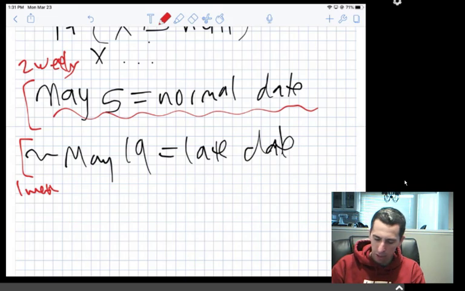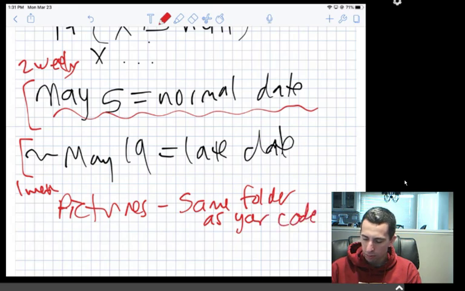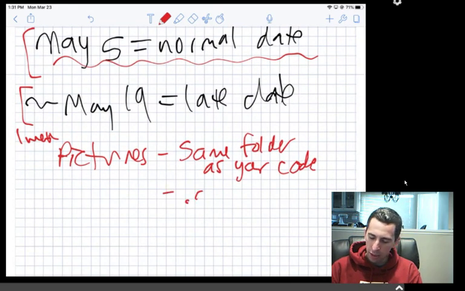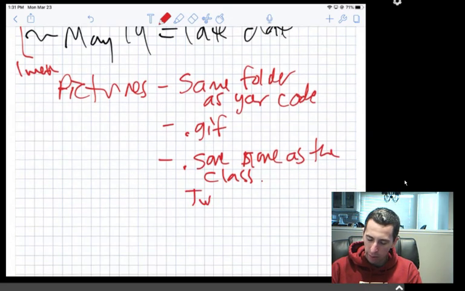So the deal with the pictures that I would recommend: they need to be in the same folder as your code. They need to be .gif files, and they need to have the exact same name as the class. So if you have a 2.java, then right next to it you need to have a 2.gif.